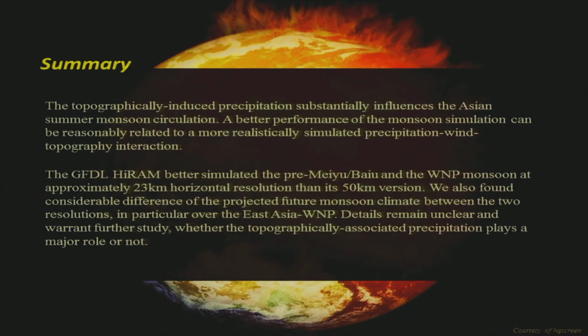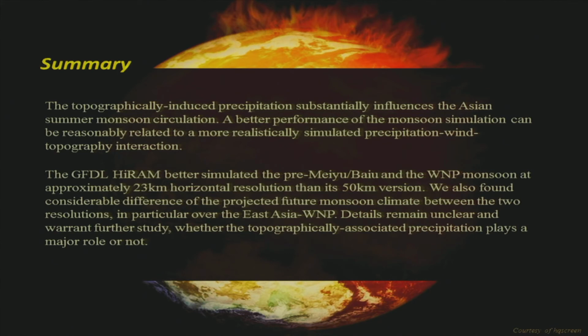Okay. The topographically induced precipitation has a large influence on the Asian summer monsoon. So generally, we find a better performance of the monsoon simulation when the horizontal resolution is increased.